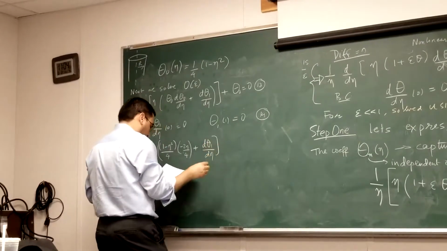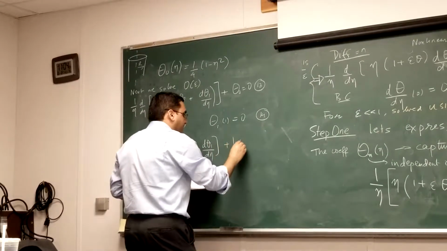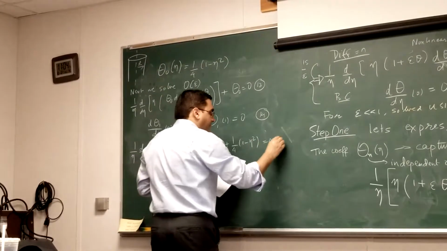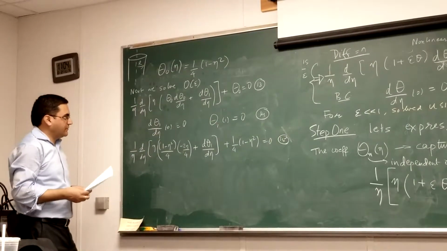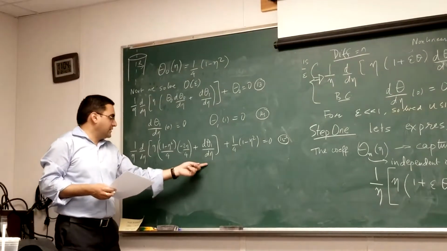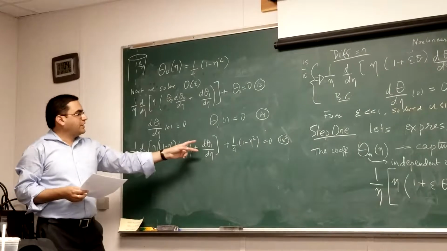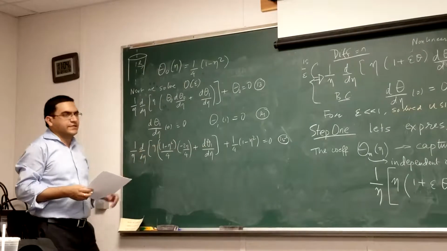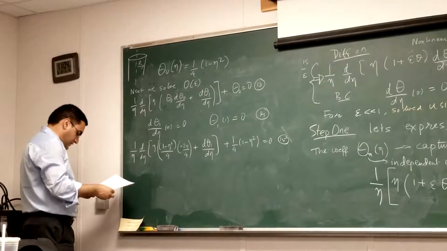Close this, and then you have theta naught, which is (1 minus eta squared) over 4, is equal to 0. It starts to look cleaner, but of course there are still lots of terms here. But still, it has only d theta 1 over d eta, and then you take another derivative of that. So you can have d squared theta 1 over d eta squared, and everything else is just a function of eta. Right? So that is the equation.